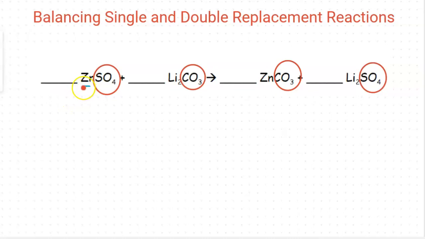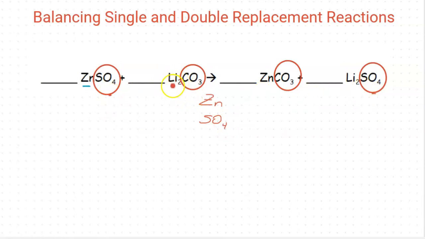What I do is look at the elements or ions I have. In this case, I've got zinc, and I'm going to write it down the middle. I've got sulfate, and instead of writing it as if it is just sulfur and oxygen, I'm going to treat that sulfate as one thing because, like we said earlier, it's exactly the same on the left as it is on the right-hand side.